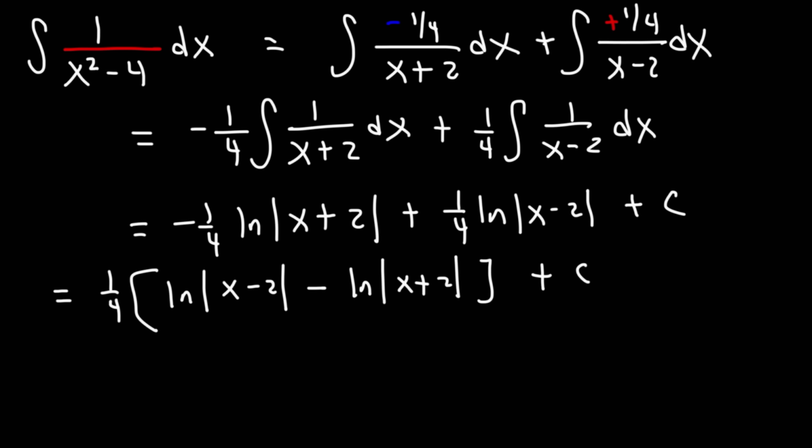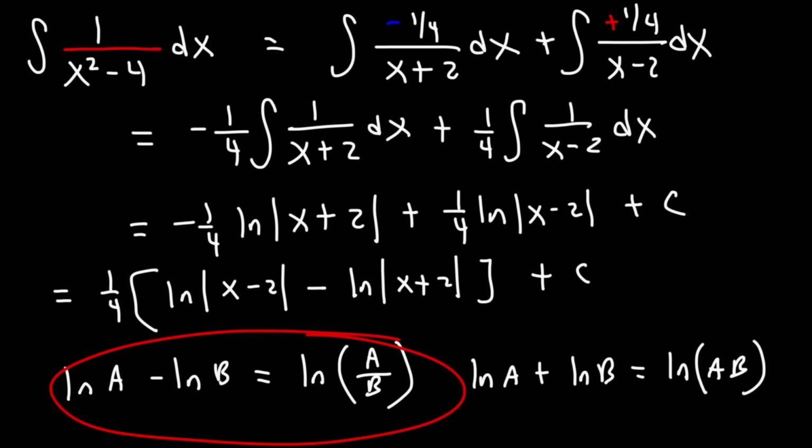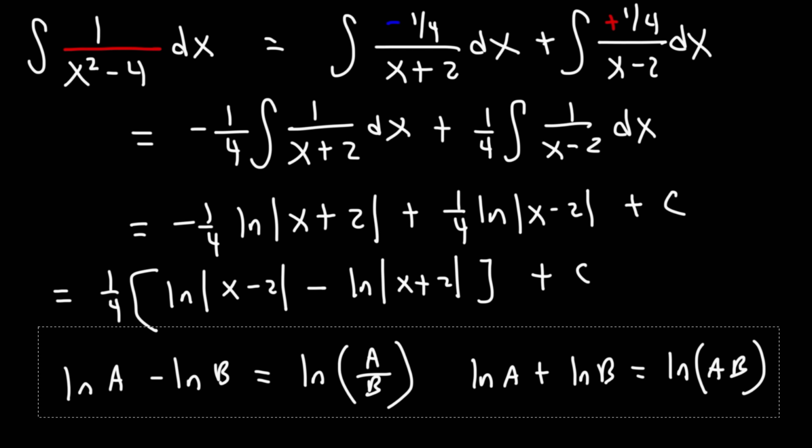Now, a property of logs is that we can convert two logs into a single log. For instance, let's say we have ln a minus ln b. We can write this as ln a over b. Or if we have ln a plus ln b, we can write this as a single log, ln a times b. But for this problem, we have a minus sign. So we're going to use that property of natural logs, which applies for all logs.